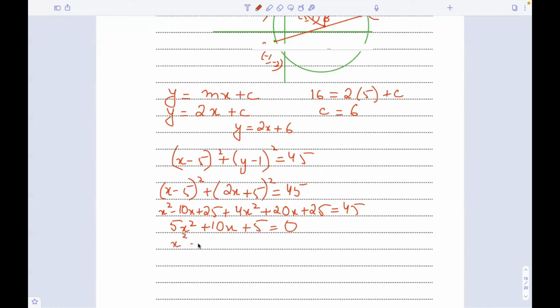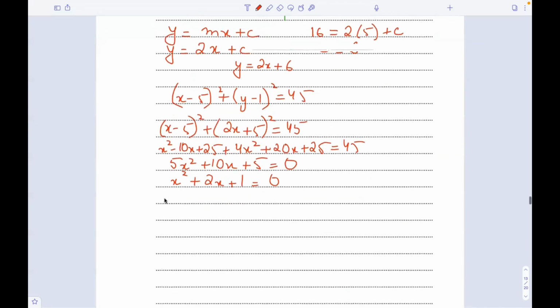We can simplify it down to x squared plus 2x plus 1, equals 0. We have x times (x plus 1) plus 1 times (x plus 1). So as we have repeated roots, we know that the x coordinate would be x equals -1.